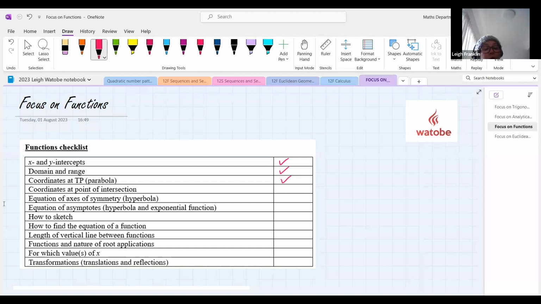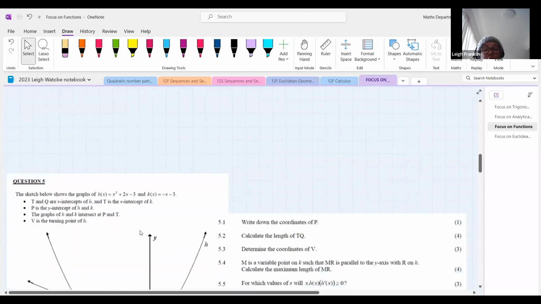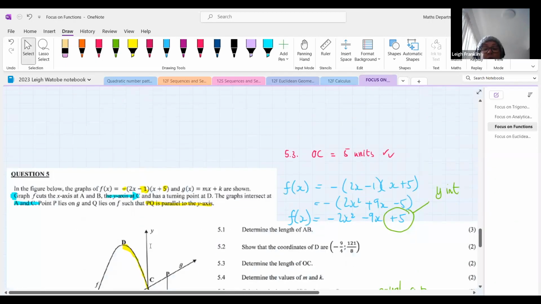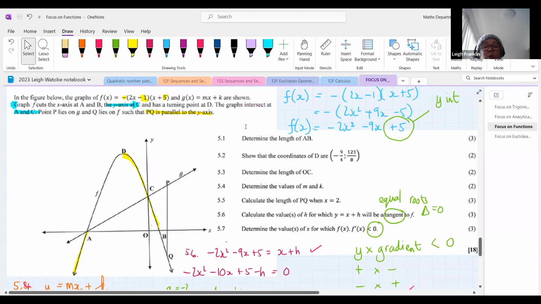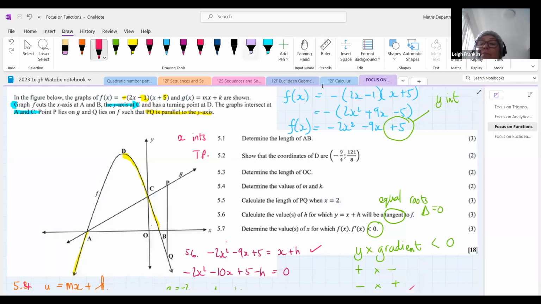All right, so what we've just done now in this question, the one that we've done together, we've done 5.1. That's a question about the x-intercepts. This is a question about the turning point. Gugu, it's not an easy question.